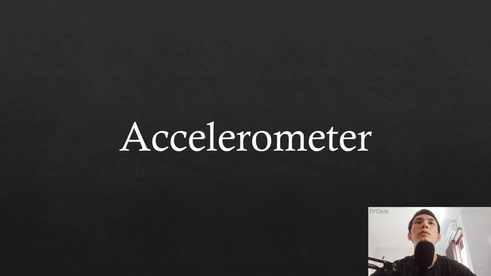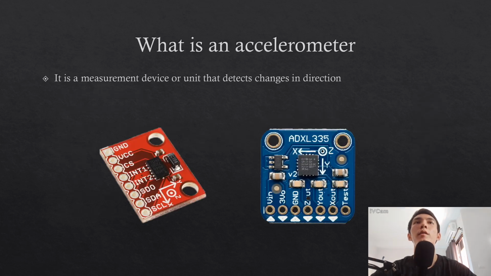Now, let's talk about the accelerometer. What is an accelerometer? It is a measurement device or unit that detects changes in direction. It will send out signals as it experiences an acceleration.